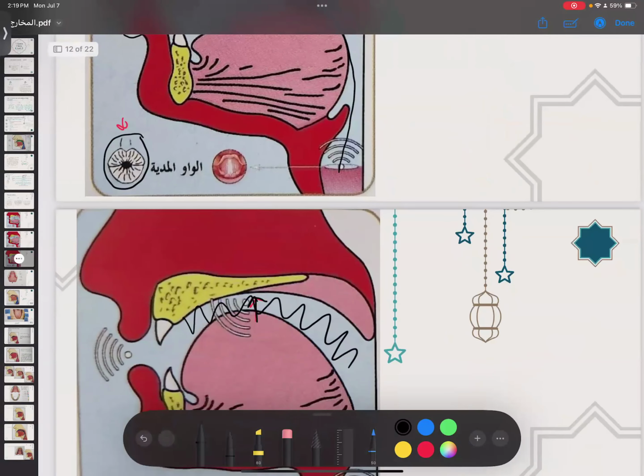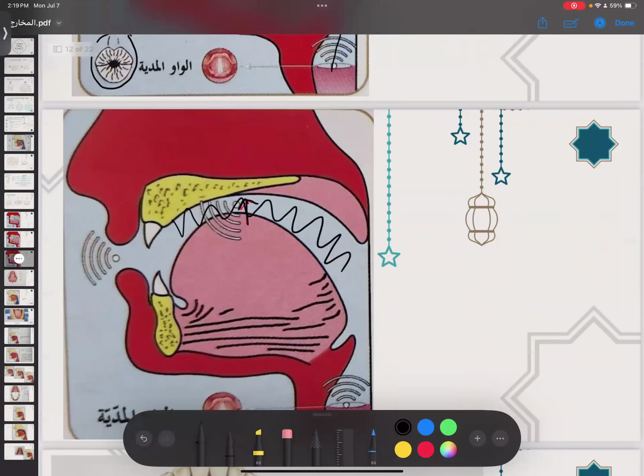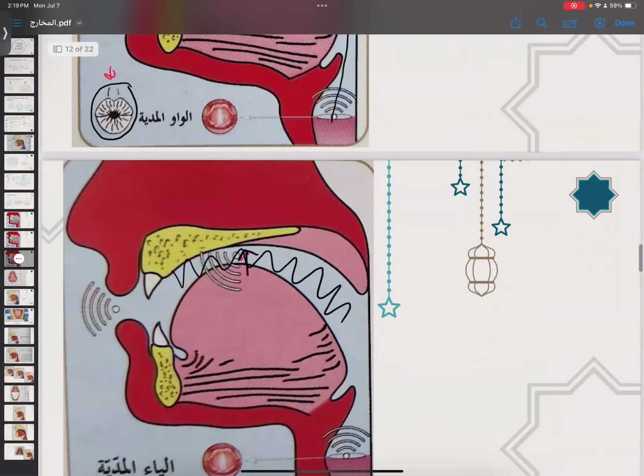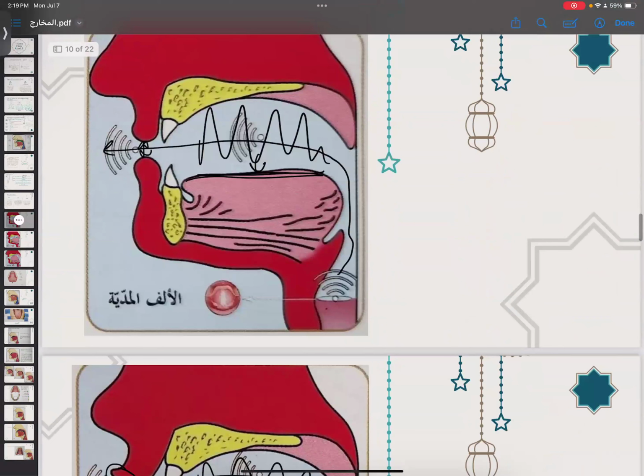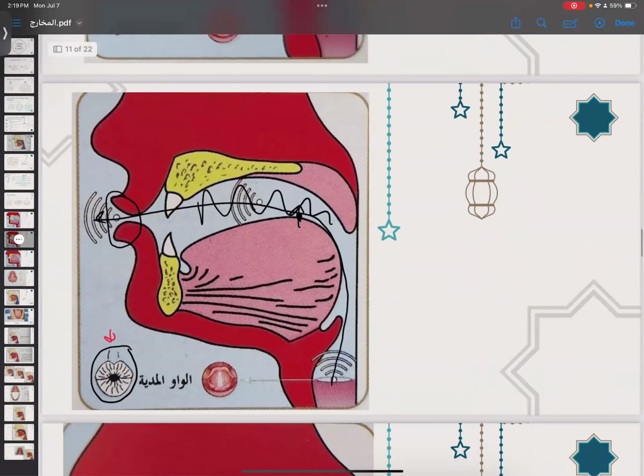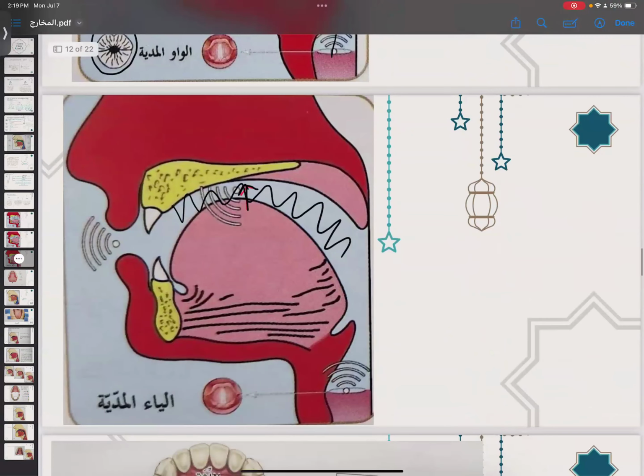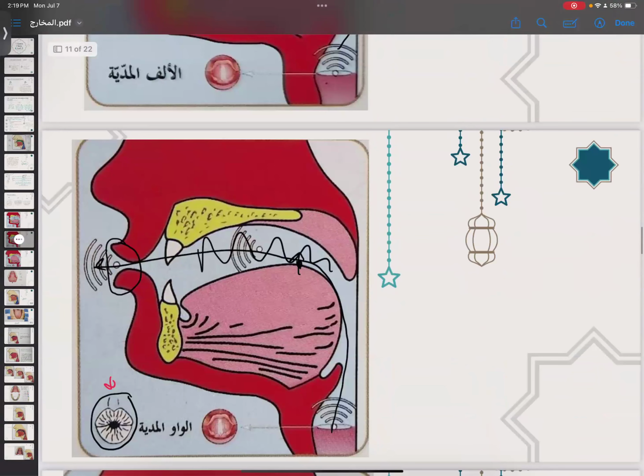So the major differences between all of these is the rising of the tongue. For alif, the tongue does not really rise at all. It's pretty flat for the whole thing. For the waw, the back of the tongue goes up. And then for the ya, the middle of the tongue goes up. And then also the shape of the lips.